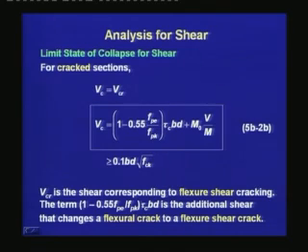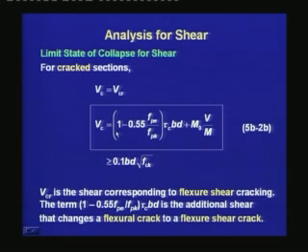In the expression of the code, Vc is equated to Vcr, where Vcr is the shear corresponding to flexure shear cracking. The earlier term Vc0 was for web shear cracking, whereas Vcr is for flexure shear cracking.